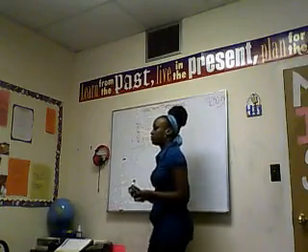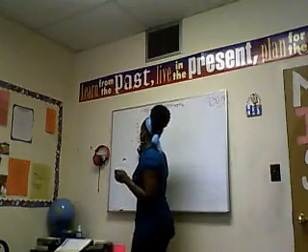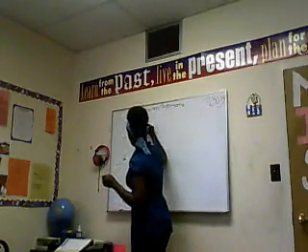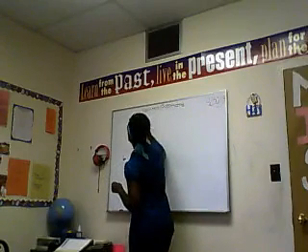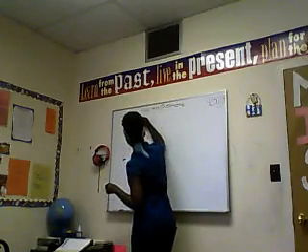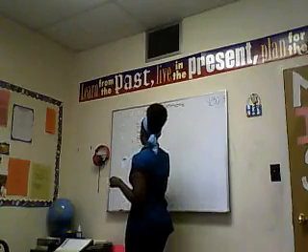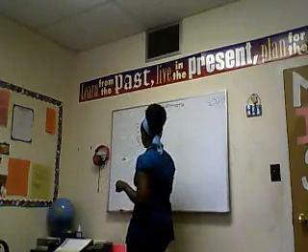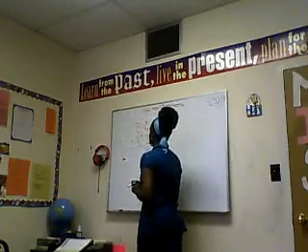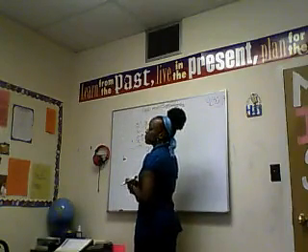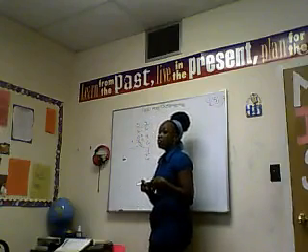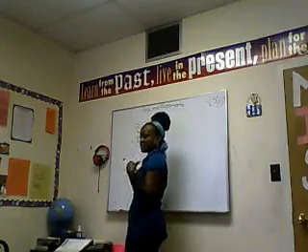3 goes into 6 two times. 2 times 2 is 4. 6 goes into 6 one time. 1 times 5 is 5. 4 plus 5 is 9 over 6. Am I done? No, now you have to divide. Whenever you have an improper fraction, we need to change it. Don't leave it as an improper fraction.